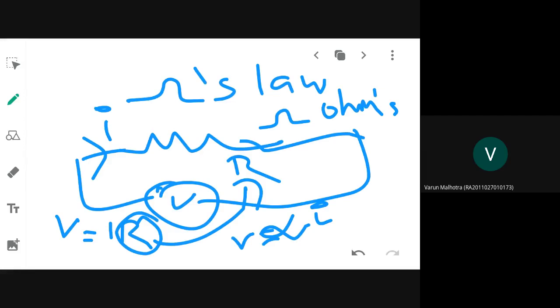Temperature should always remain constant, otherwise the law will not hold good, and the circuit elements should be linear. If you apply this law to a nonlinear circuit, it may not hold good. Those are the limitations of Ohm's law. All these things we discussed in our last class.